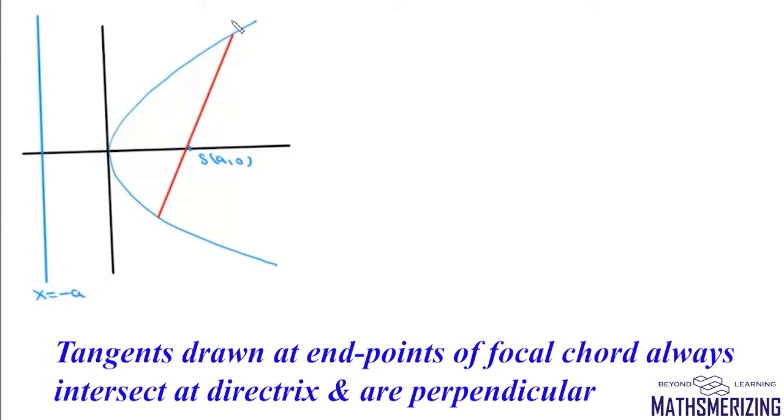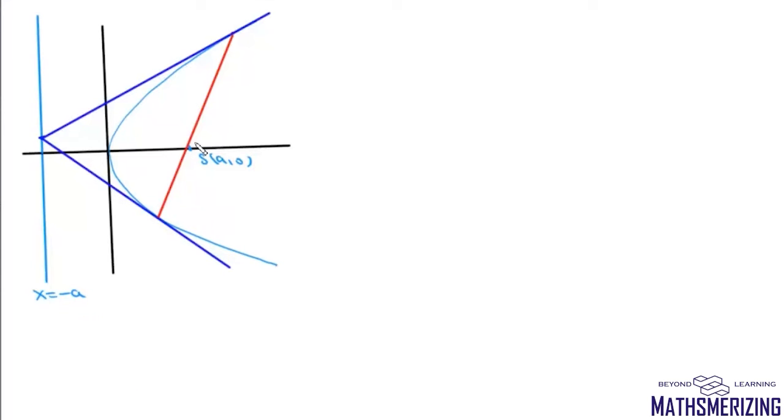Now the important result is tangents drawn at endpoints of a focal chord intersect at the directrix. So this is a focal chord, and tangents drawn at extremities of a focal chord intersect at the directrix. So we have this focal chord, and suppose this point is a t1 square, twice a t1, and this is a t2 square, twice a t2, and we know that since it is a focal chord, then t1 into t2 is minus 1.